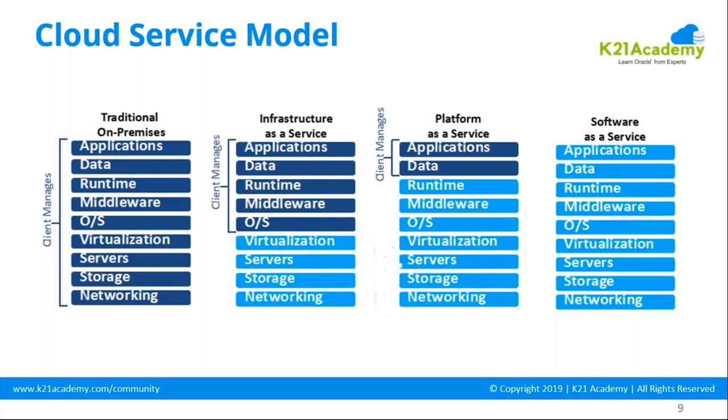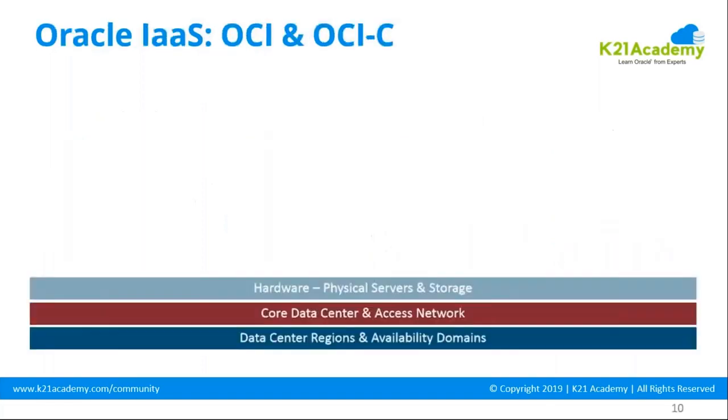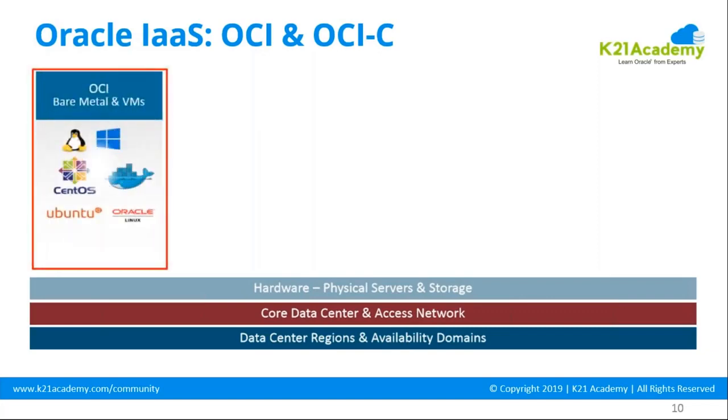The application could be an HRM service, or it could be an HCM service, or it could be a supply chain management service. All that will be given to you with a click of a button. This is nothing but software as a service. In some way or the other, we have been using software as a service. Gmail or Yahoo is an excellent example of using software as a service.